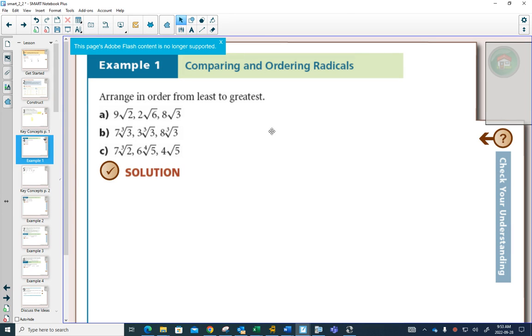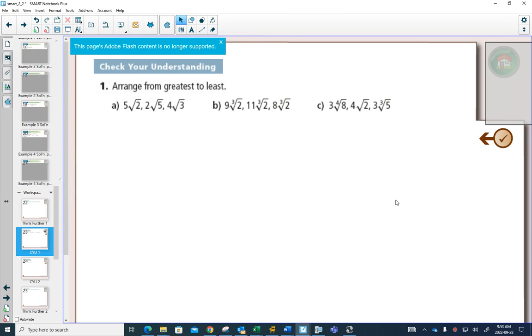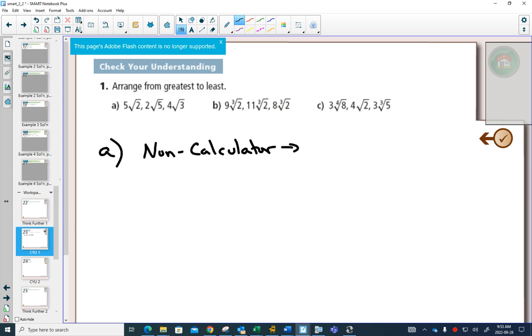Here's example one. It says arrange from greatest to least. Non-calculator, you're going to write things as entire radicals.